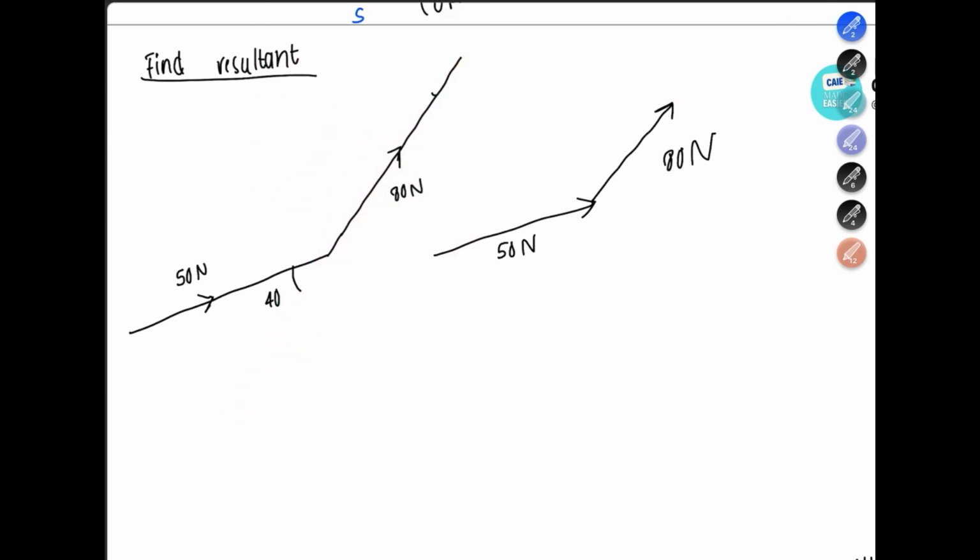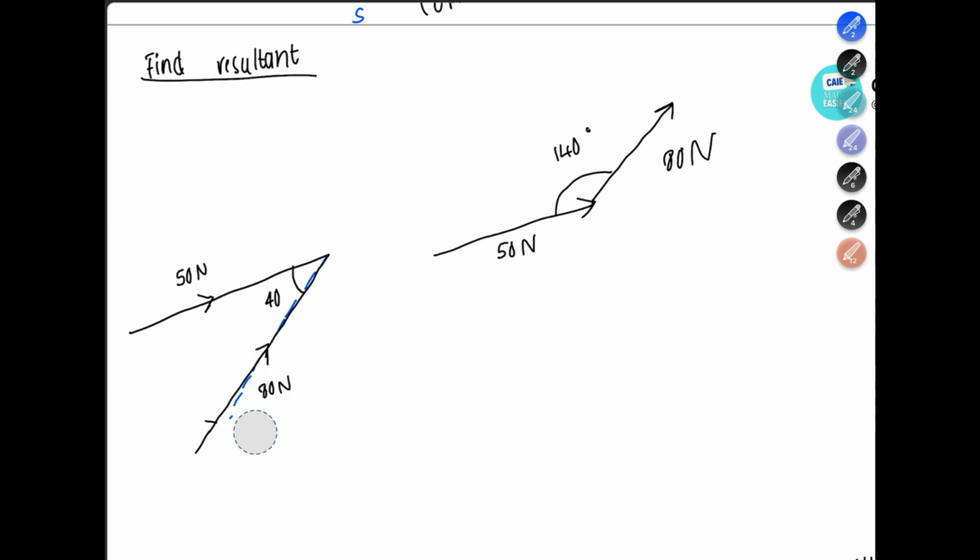Now if you extend this line back, you can see that all of this is 180 degrees, so 180 minus 40 is going to give you the angle between these two. So this angle is basically 140 degrees.